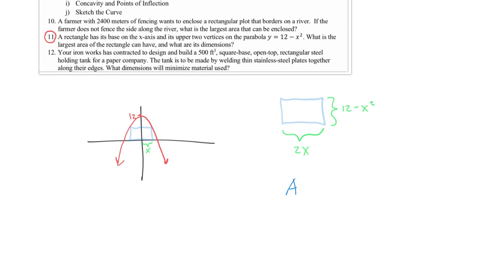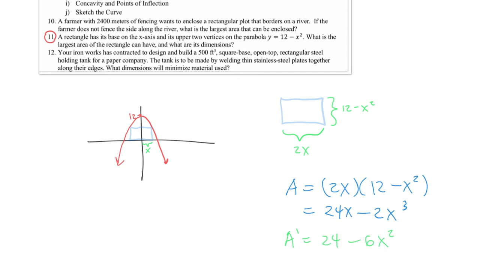So the area is going to be length times width. So that's going to be 2x times 12 minus x squared, right? And if we were to simplify that further, it would be 24x minus 2x cubed. And at that point, we're ready to go ahead and find the derivative. So we're looking at 24 minus 6x squared.